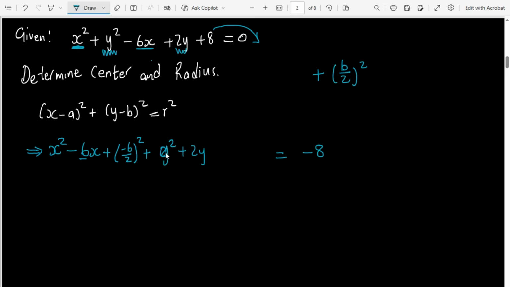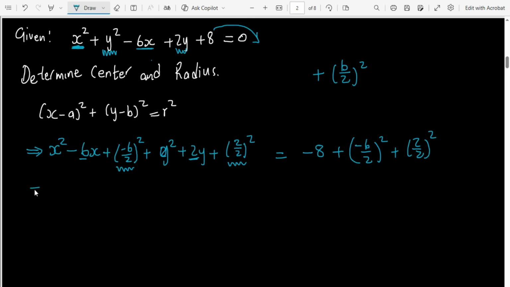Then plus y squared plus 2y plus, for this one, the coefficient of y, which is (2 over 2) squared. Remember, whatever you add on the left hand side, you need to add on the right hand side. So this will be plus (-6 over 2) squared, and we also add (2 over 2) squared.